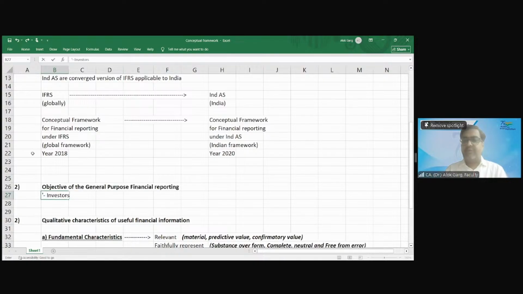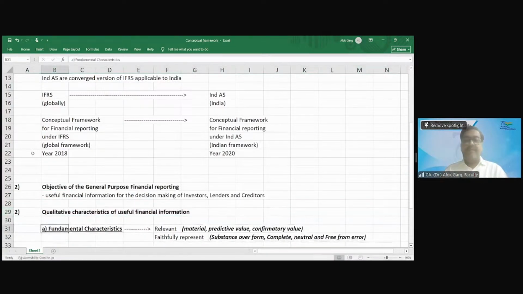Always remember these three kinds of people: investors, lenders, and creditors. The objective is to provide useful financial information for the decision making of investors, lenders, and creditors.